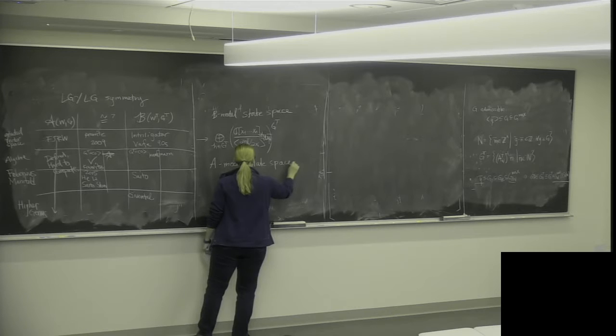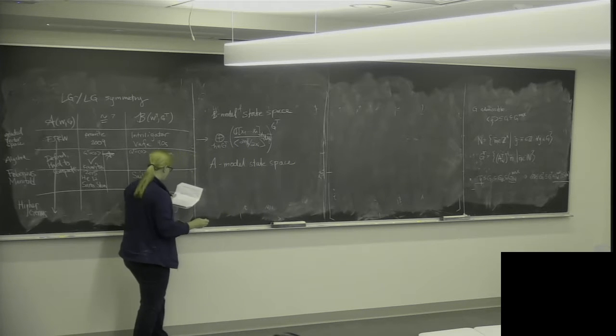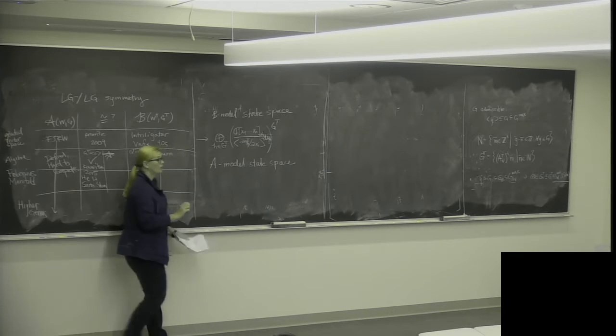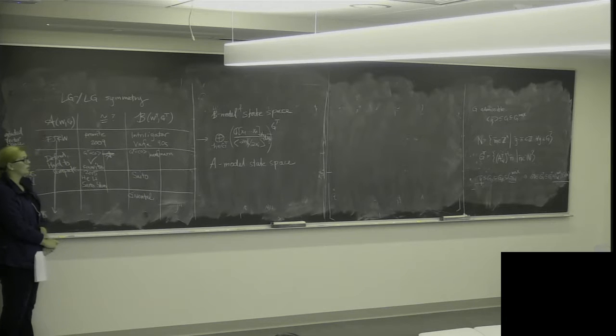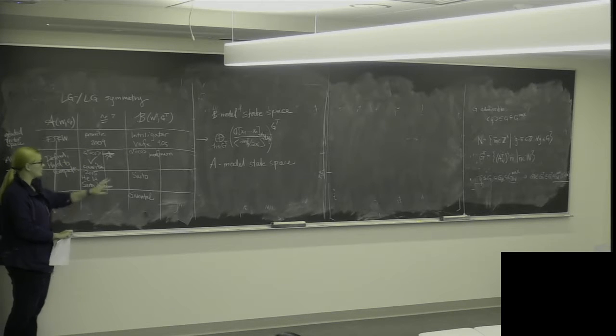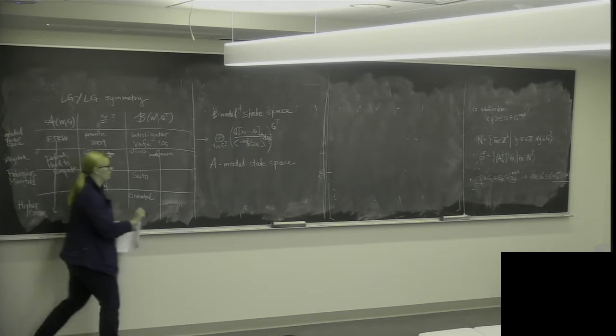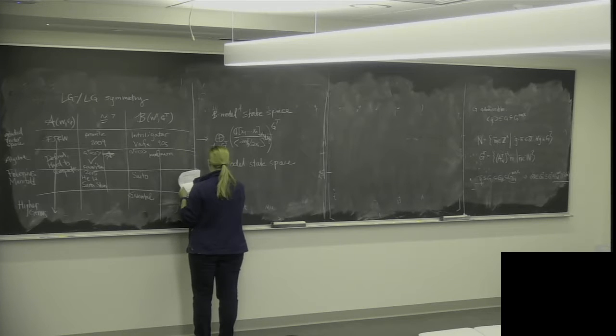Okay, so the A model state space is given by... When you say Krawitz, what was the nature of that statement? What did he show? This one here you're talking about? Yeah, okay, so let me write down what the state space is and then you'll see what the verification would have to be like.